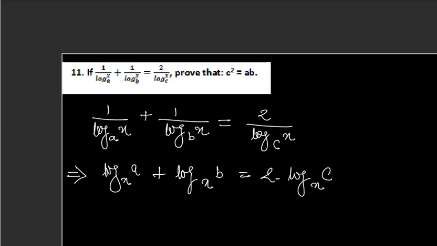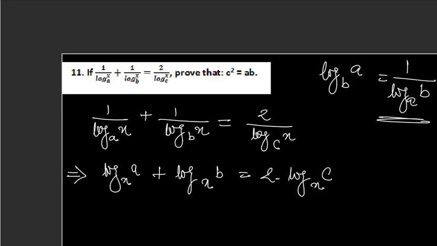Definitely, I can write it this way. Which identity have I used? I have used the first identity. Log of a to the base b is equal to 1 upon log of b to the base a, and vice versa, right? So if log of x to the base a is given, I can write it as 1 upon log of a to the base x. So again, if you take the reciprocal of this denominator, it comes in the numerator. That's what I've done.